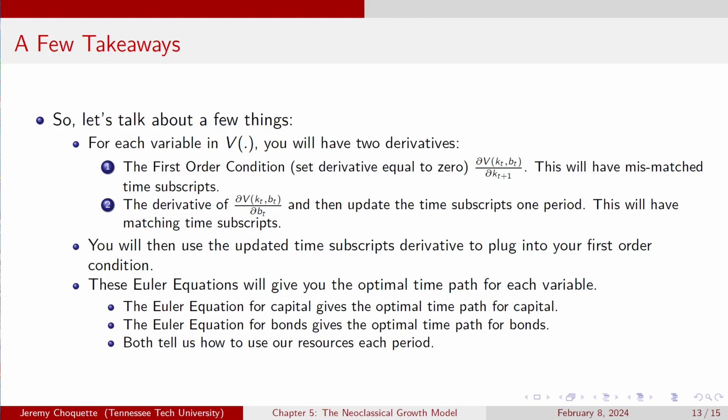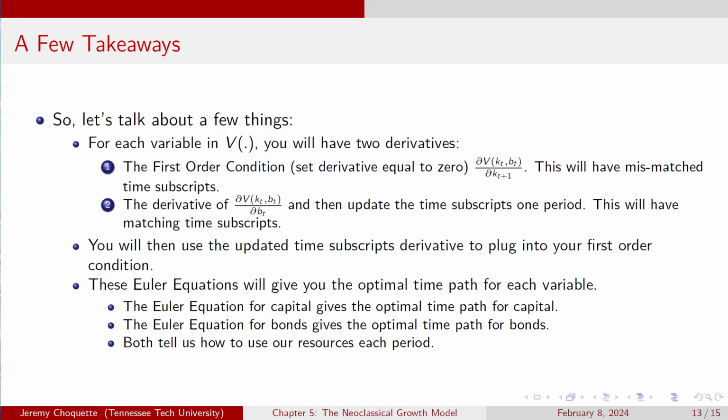So you need matching time subscripts. So you take another derivative of, in this case, v of kt and bt with respect to bt, or kt, I guess, and you update the time subscripts by one period. This gives you matching time subscripts. That's what we want. And then you use the updated time subscripts derivative to plug into that first order condition, and that will give you your Euler equations.